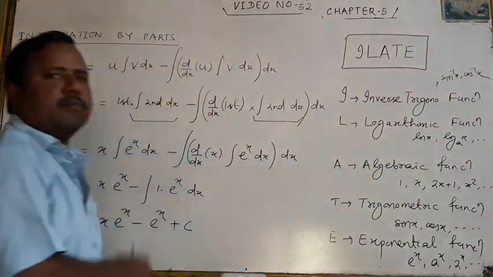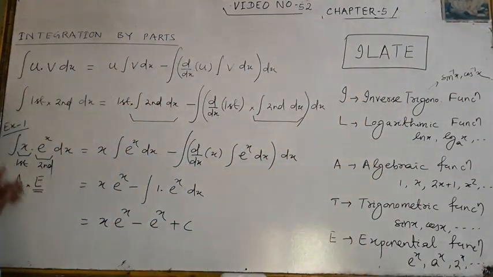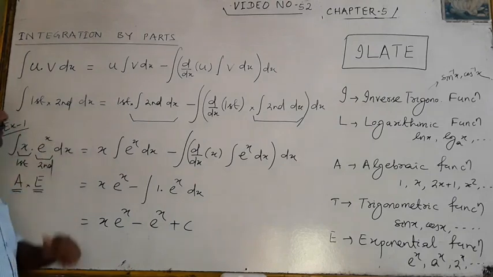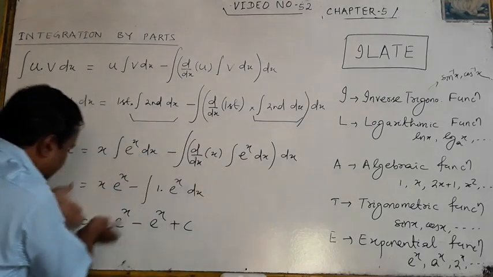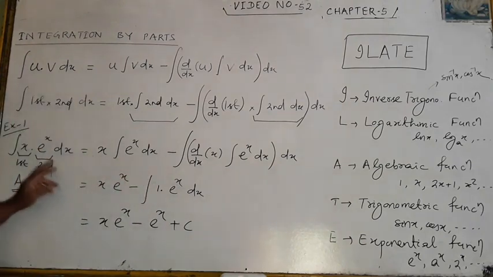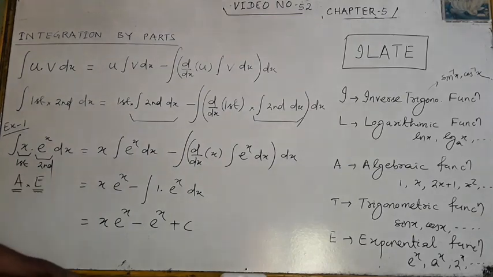A is coming first. So you have to take algebra as your first function. First integration, second derivative, first integration, second, then you solve and you get the answer. If you reverse it, there will be a great problem. You can't solve it. Okay?